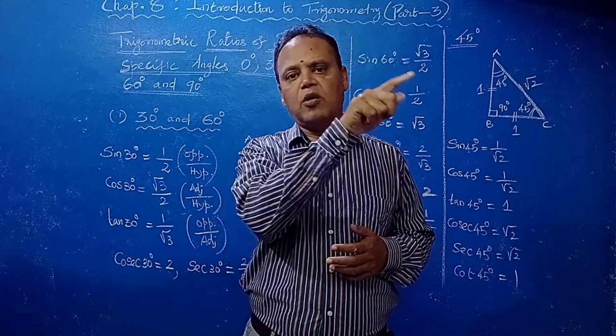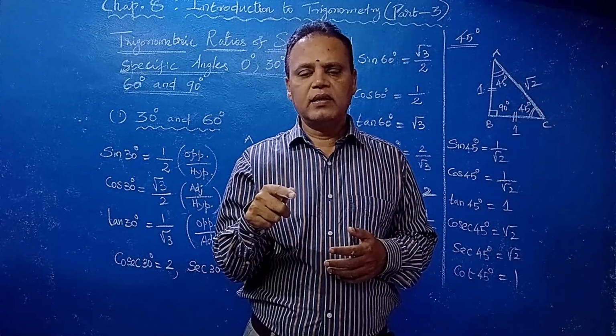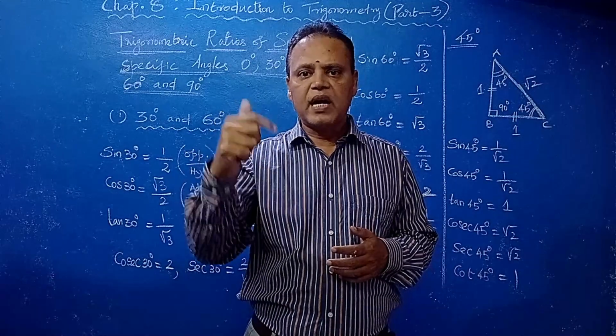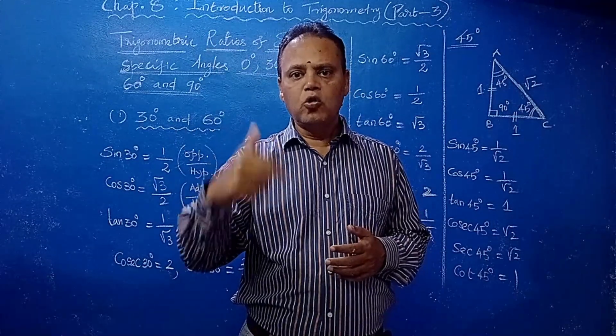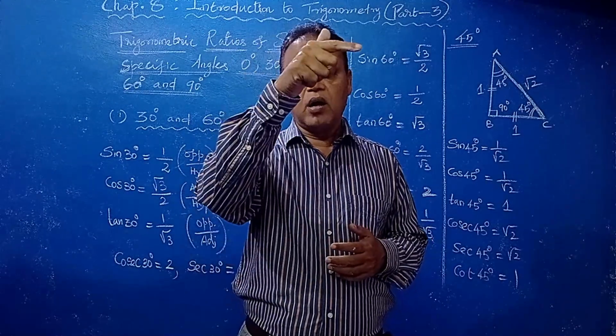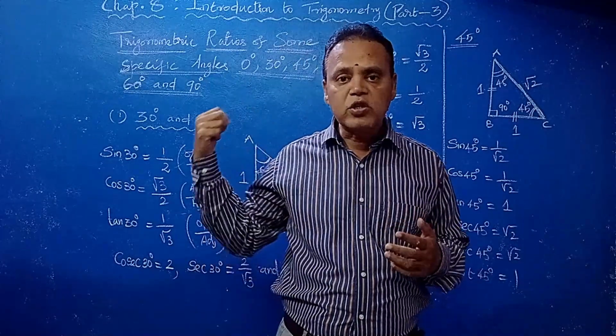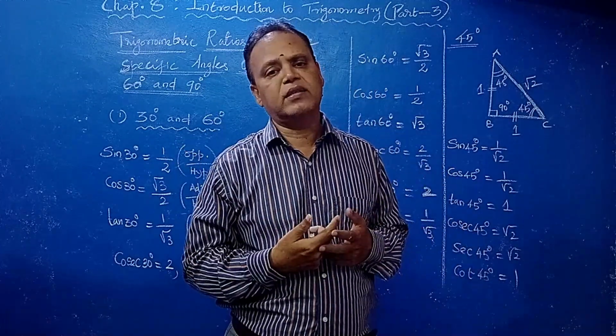Then sin 30 means opposite by hypotenuse, that is 1 by 2. Then cos 30 means adjacent by hypotenuse, that is root 3 by 2. The tan means opposite by adjacent, that is 1 by root 3.